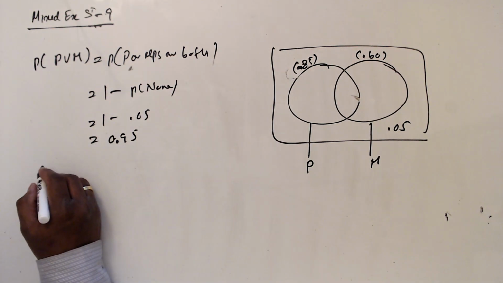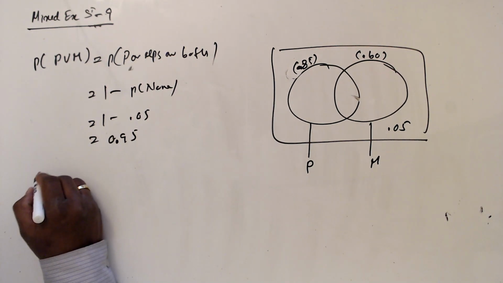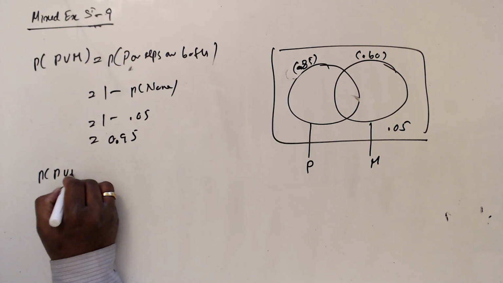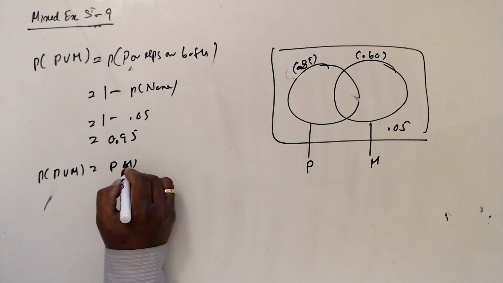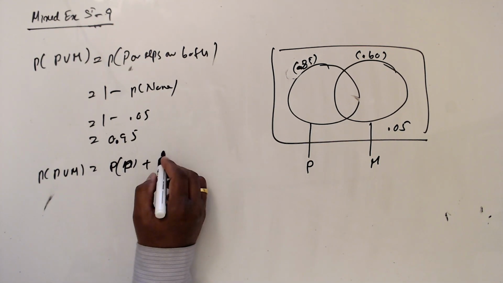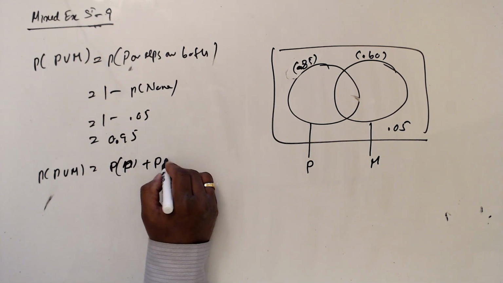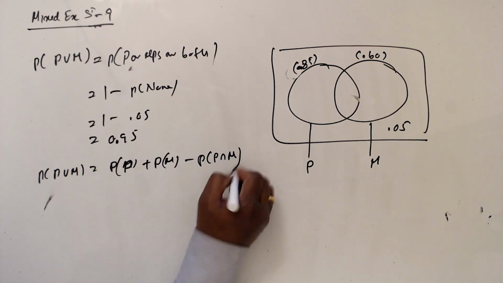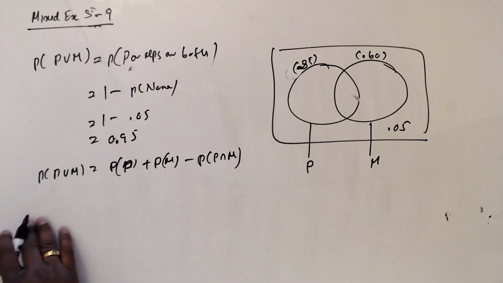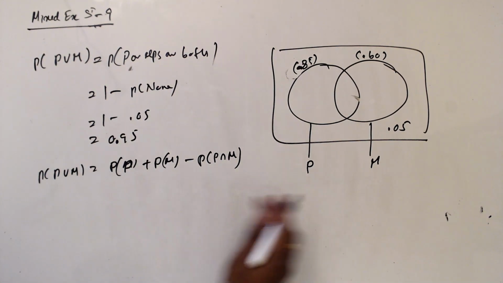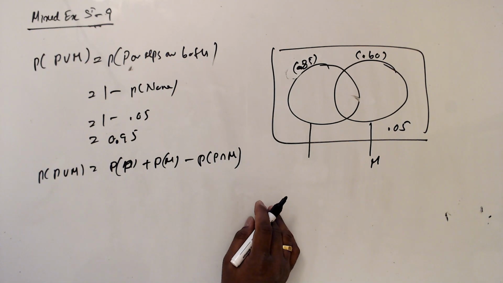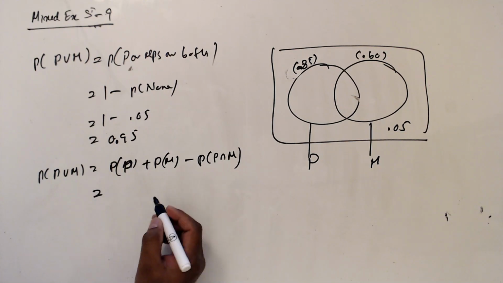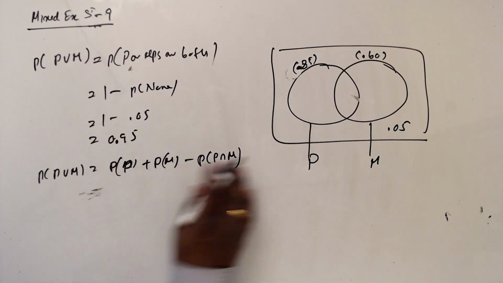Now probability of P union M is P plus M minus P intersection M. I'll stay with this. Now I want to find the intersection.